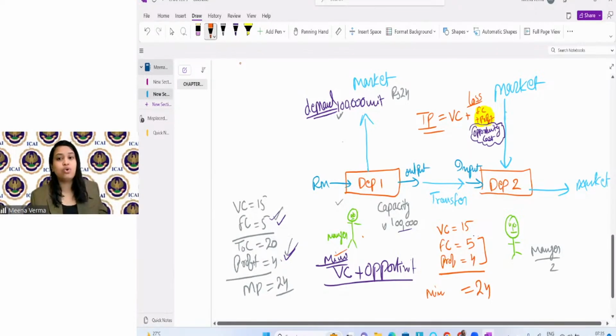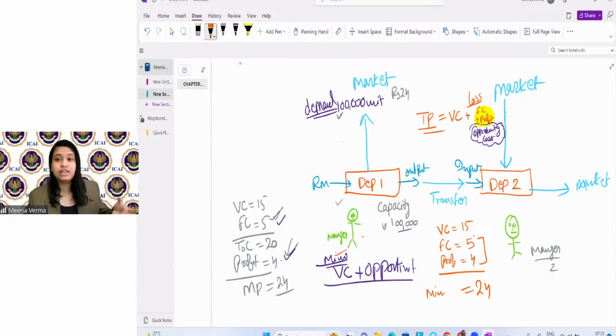He will not go below 24 because he is already recovering this money and he's working at full capacity. He's able to sell the entire unit in the market. He does not have spare capacity. He's not sitting idle. Whatever he's producing, he's in a situation to sell all the units in the market.